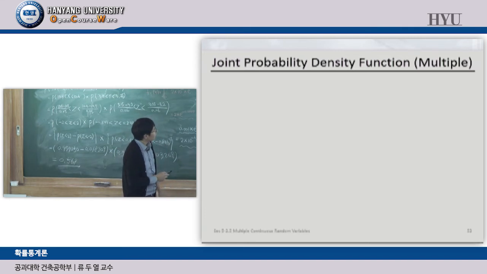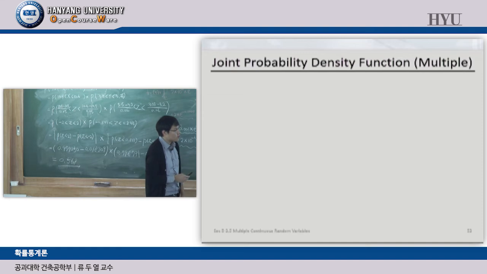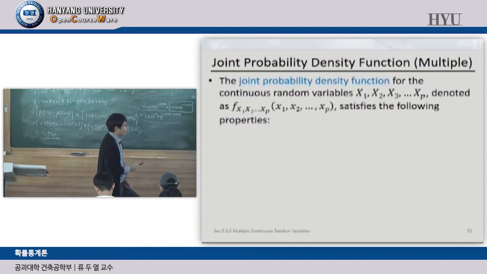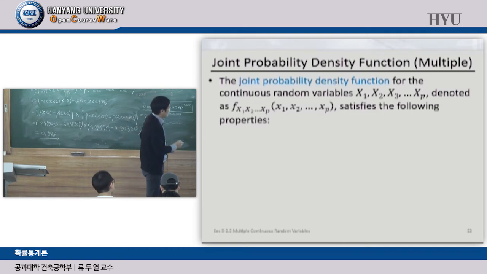Okay? So this is the joint probability density function for the case of multiple random variables. The joint probability density function for the continuous random variables x1, x2, x3, up to xp, is denoted by the following equation, f of x1, x2, up to xp.